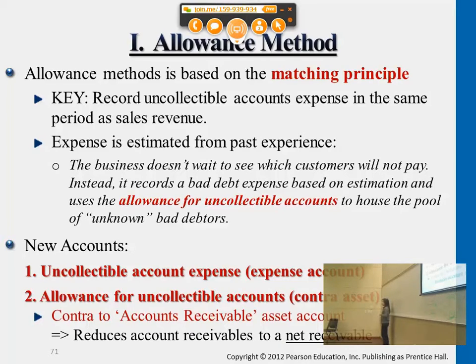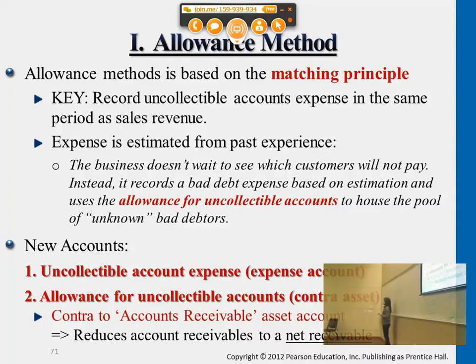This is very similar to the relationship of long-term assets and accumulated depreciation. Remember that a long-term asset has the historical cost of furniture and building, and accumulated depreciation has the part that we measure, the part of the asset's value that is old, that's no longer useful.